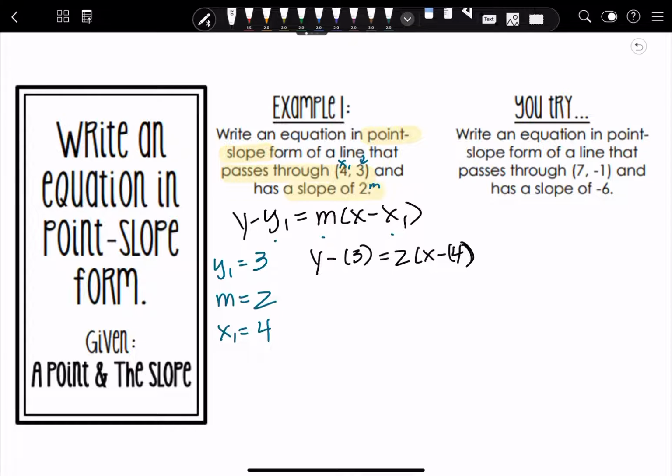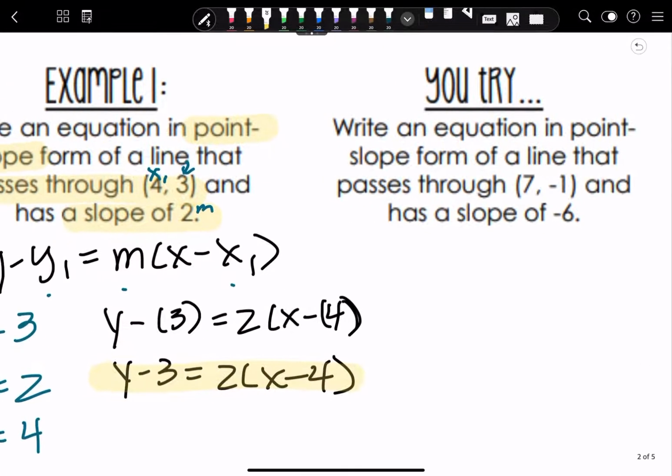So what's going to end up happening is that you're going to get y minus 3 equals 2 times x minus 4. And guess what? This right here, that's your answer. So we're going to go ahead and go through this next one as well.